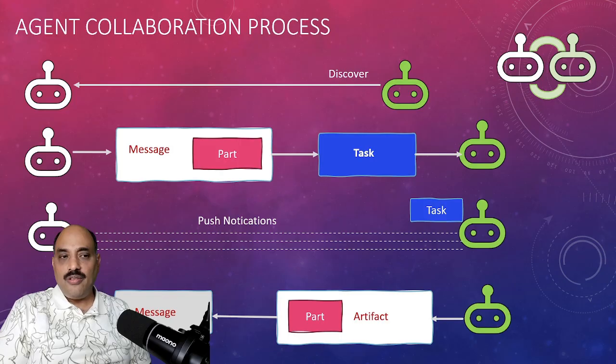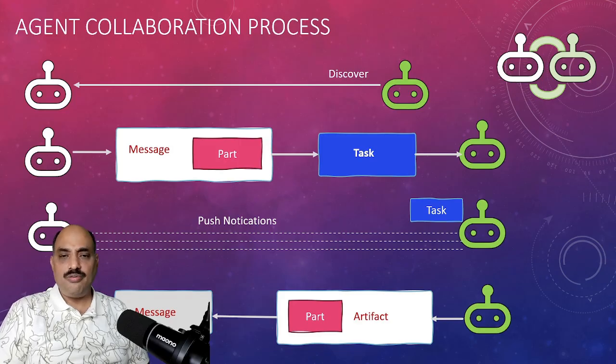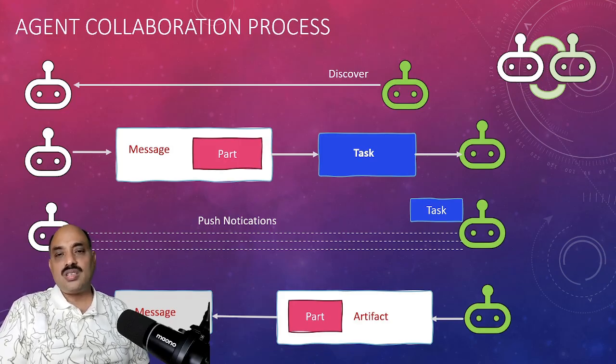And if the client agent loses that artifact and re-requests, based on your retention policy, you should be able to give back the original retrieval also. So this is the complete set of steps between two agents.